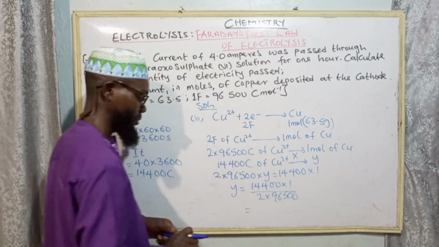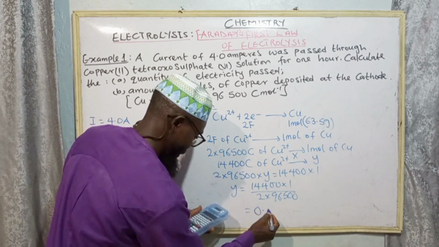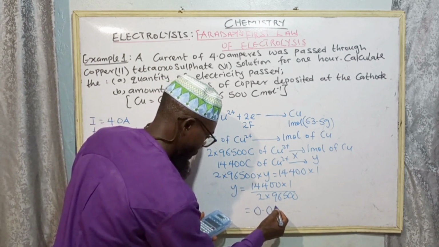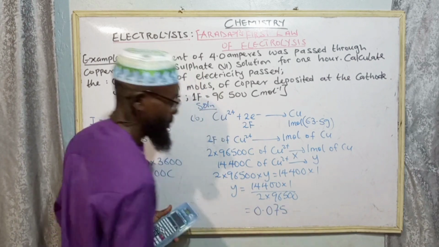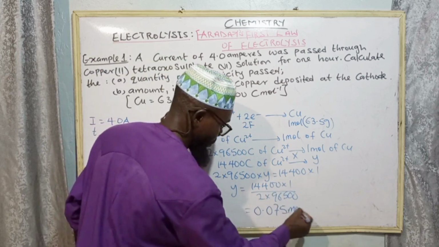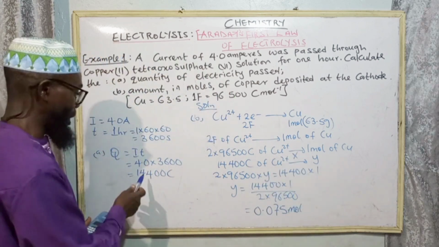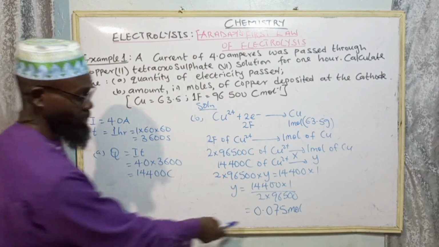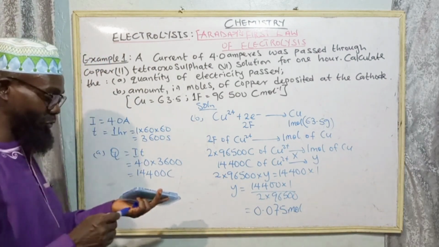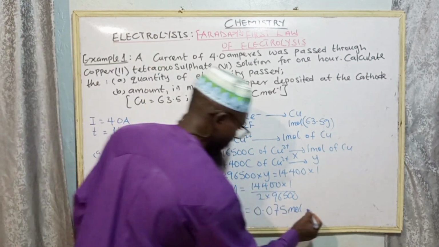So what do we have? We have 0.075 mole. So which means that 14,400 coulombs is going to produce 0.075 mole of copper.